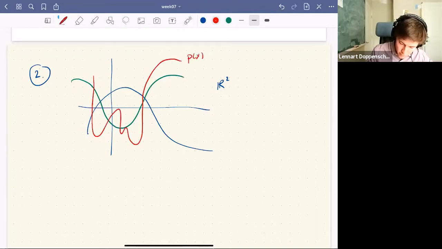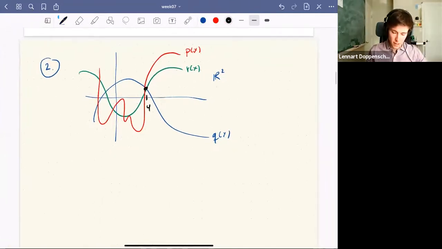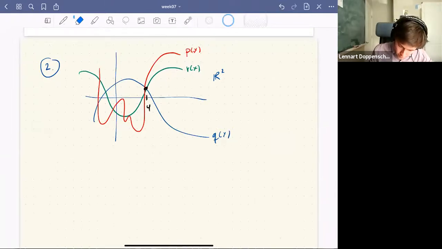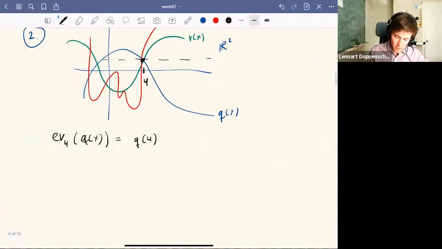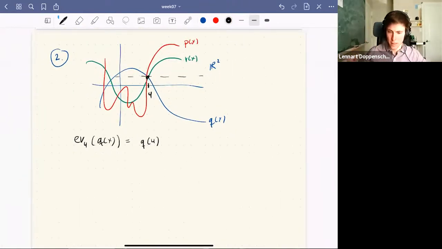So this is P of X, Q of X, and R of X. And let's say that this point here, where they're supposed to agree, is 4, then this value is exactly, the evaluation at 4 of Q of X is just giving us the number Q of 4. And we can see that just by drawing this, I mean, you can have polynomials as wild as you want.